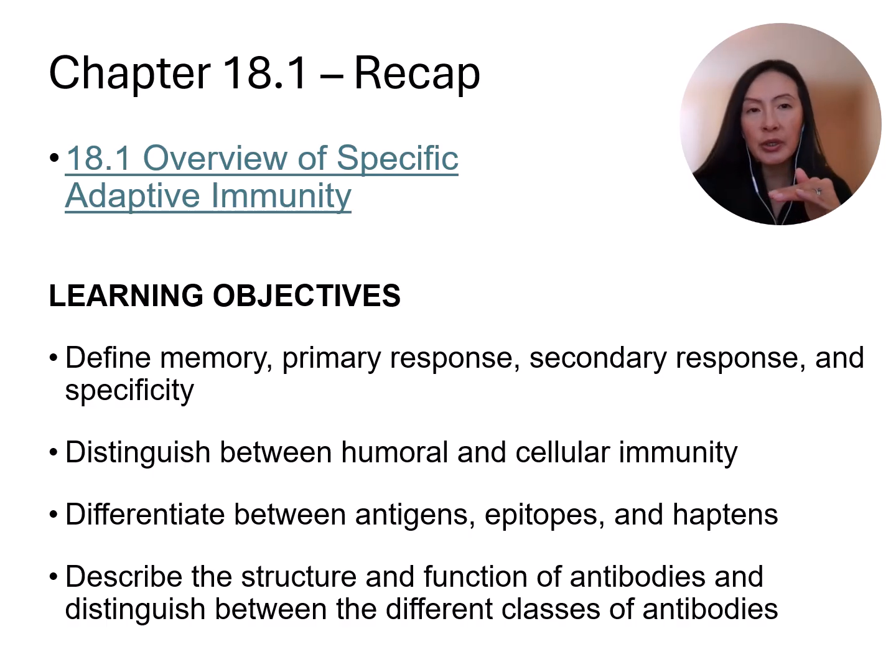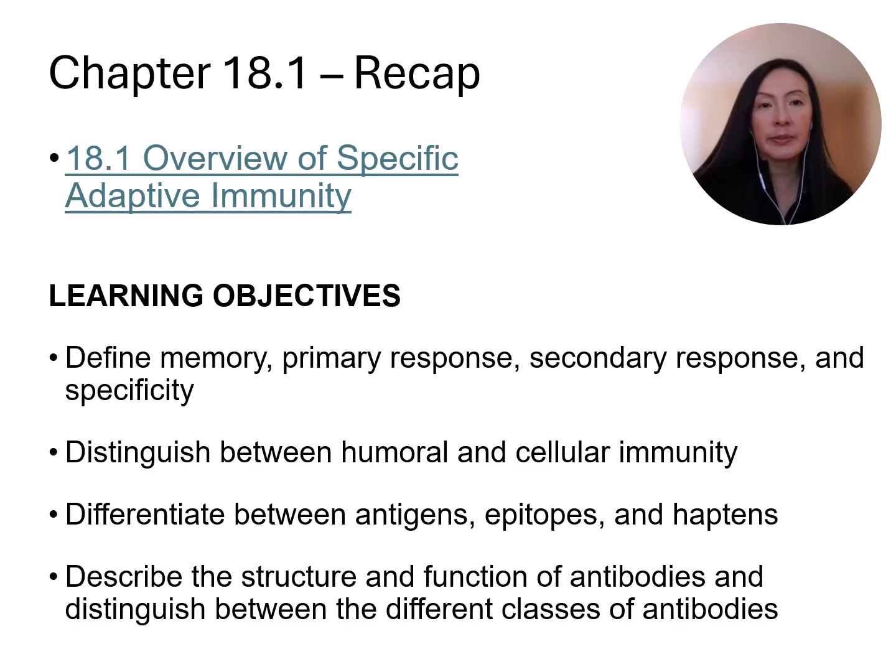It was slow and resulted in lower antibody production, and we saw that IgM appears first. But the secondary response was based on subsequent exposure to that same antigen, and it was rapid, high-level antibody production that was dominated by IgG antibodies and due to memory cells. Specificity refers to the ability of the adaptive immune system to target unique antigens that are associated with specific pathogens.